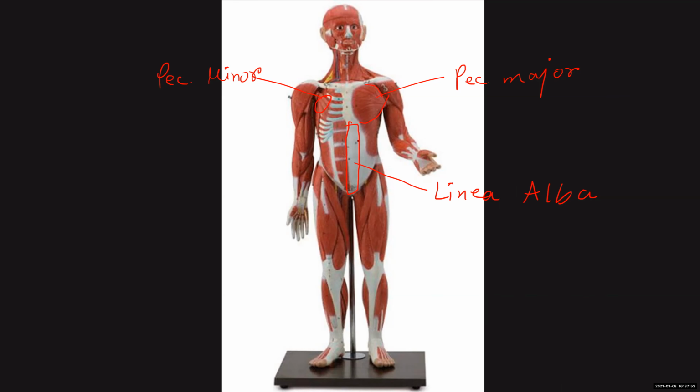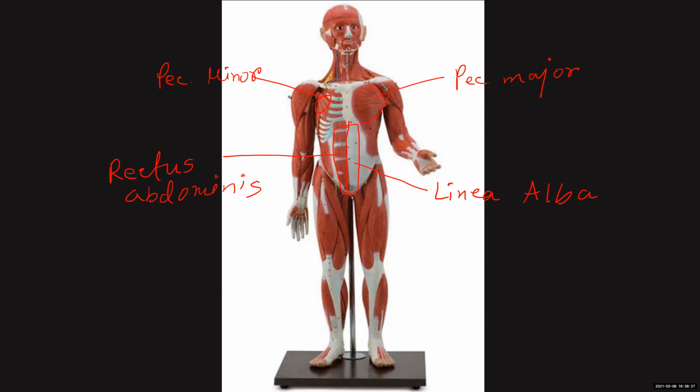On the model's left, below the linea alba, and on the right, where the linea alba has been removed, what you are looking at is the rectus abdominis. Rectus abdominis. Remember, superficial and deep.